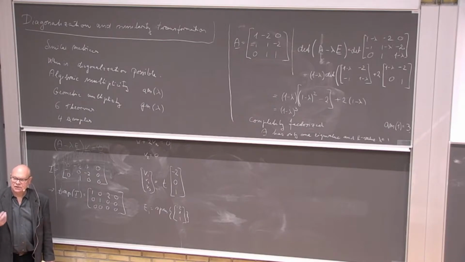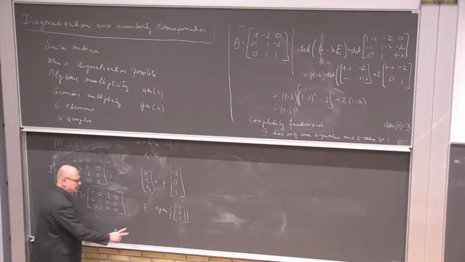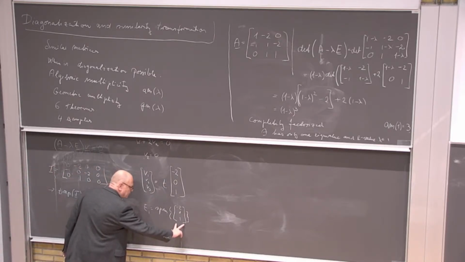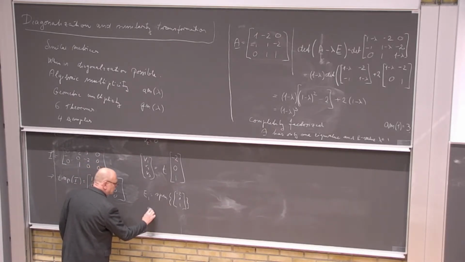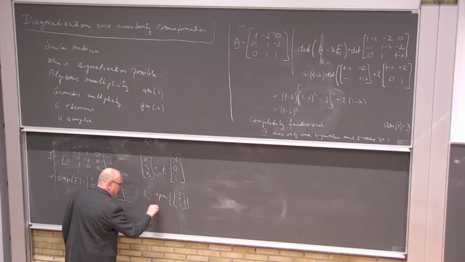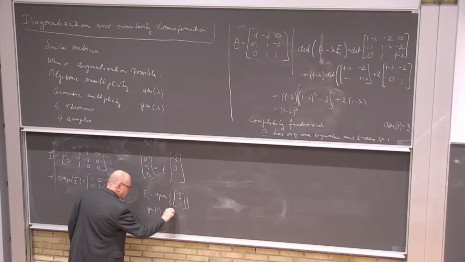The geometric multiplicity is the dimension of the eigenspace. This is the eigenspace. It only has one vector. So the geometric multiplicity of 1 is equal to 1.